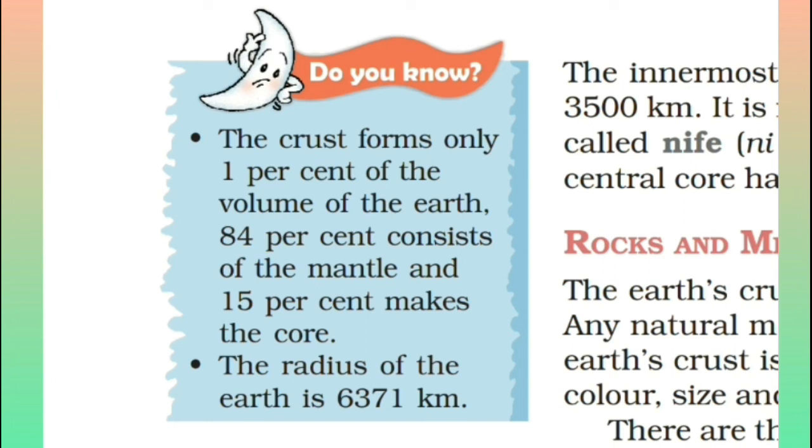So the crust is the smallest unit of the earth's surface. The crust forms only 1% of the volume, the mantle consists of 84% and the core consists of 15%. So the mantle is the largest, the mantle has the largest share, then comes the core, and the last one is the crust with only 1% of the volume of the earth.